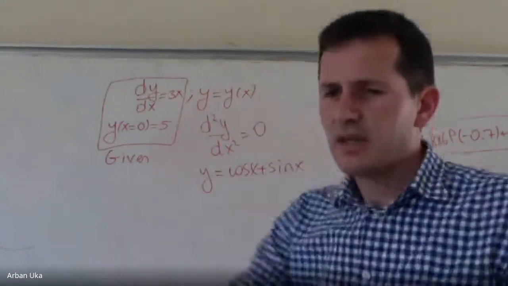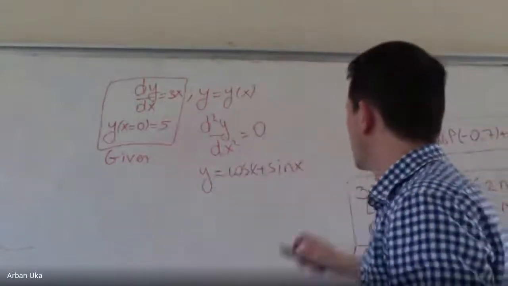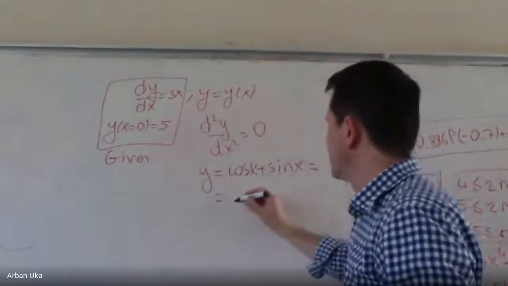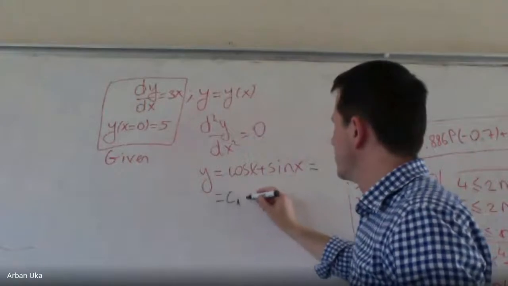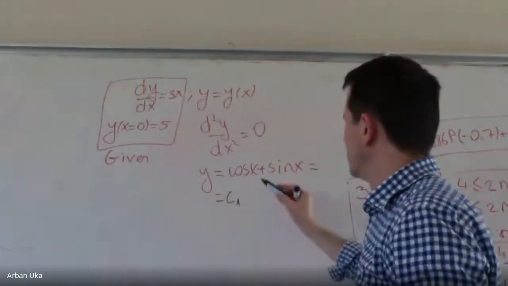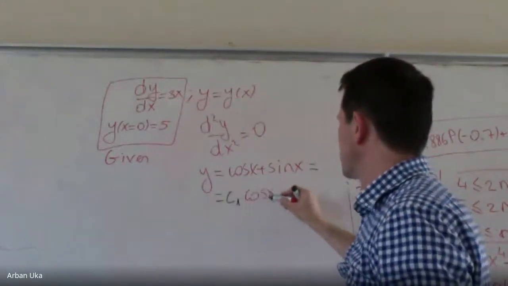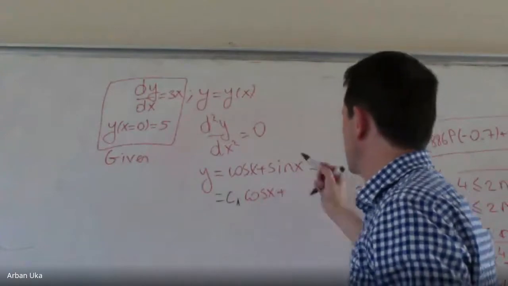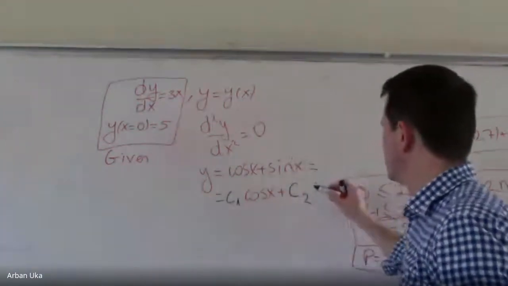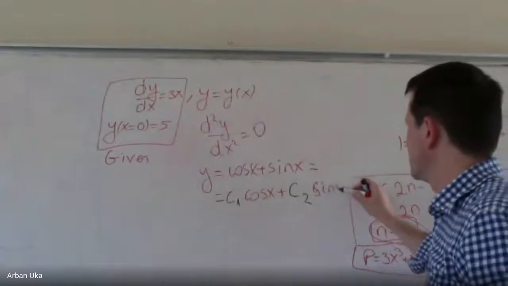That's it. And it can also be a little more complex, such as a constant c1 times cosine x plus a constant c2 times sine x.